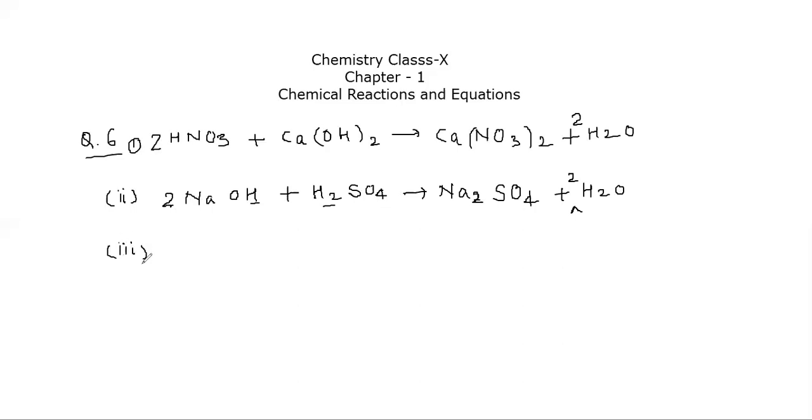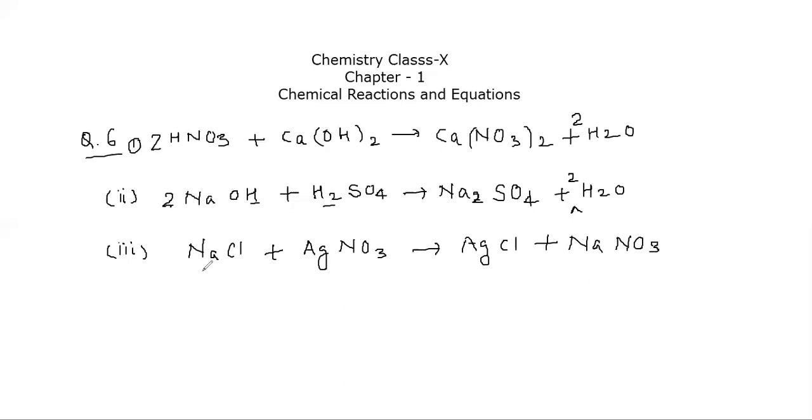Now let's consider the next equation. It is NaCl plus AgNO3 gives AgCl plus NaNO3.